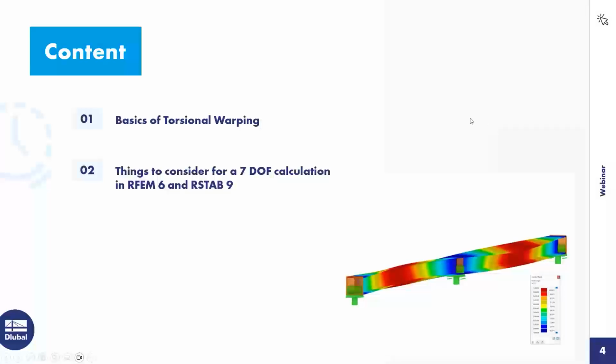Last but not least, I want to demonstrate the influence of warping torsion on selected but very typical structures or substructures. During the preparation of this webinar, I realized that it might be a bit tiring to have 30 minutes of pure theory, so I will try to mix up all these ingredients that I mention here on the content slide, rather than going through them from top to bottom.